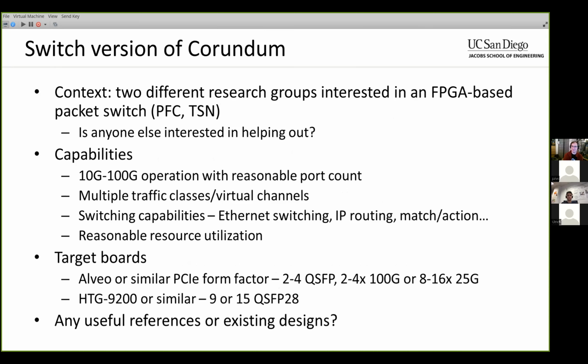They need that kind of functionality. If there was something nice available, I'm sure they would use that instead, but it seems like there isn't really a good comprehensive project. So maybe what we should do is build something custom in Corundum, and then we can iterate off of that. So one question here is, is there anybody else that's potentially interested in helping implement something like this? Open question.